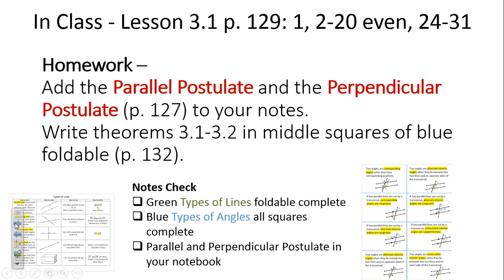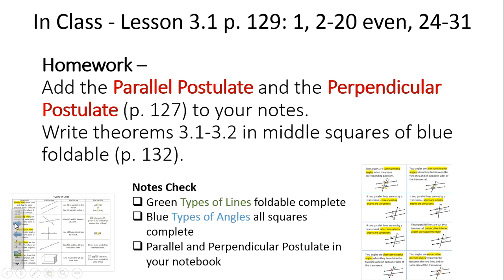So there are 2 things I want you to make sure that you do for notes, for homework, and you may get this done in class. One of them is to finish filling out the middle squares of your blue sheet, your blue foldable. It is on my blog. The other part is to make sure you put the parallel postulate and perpendicular postulate from page 127 in your notes.